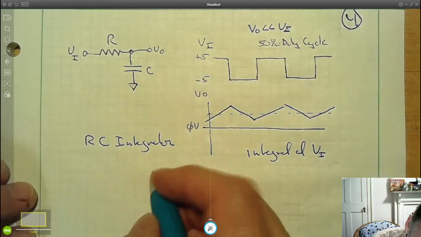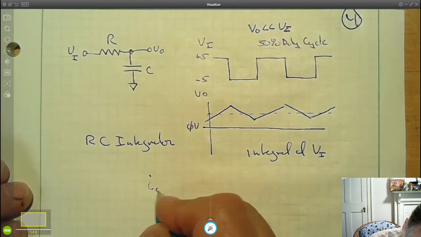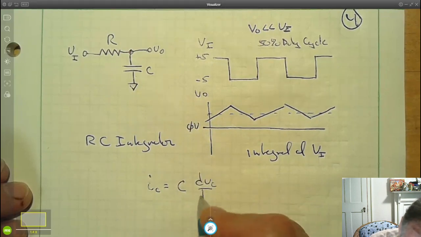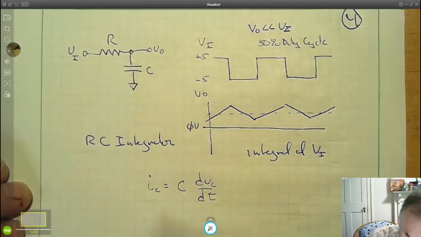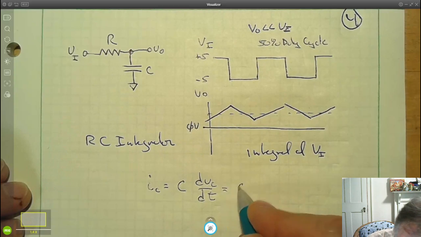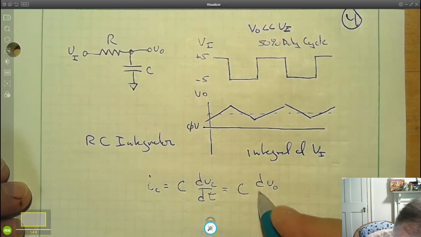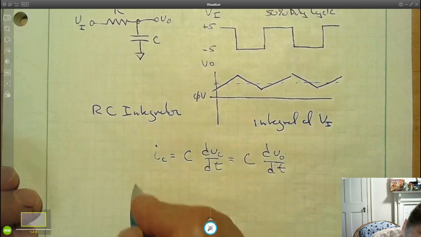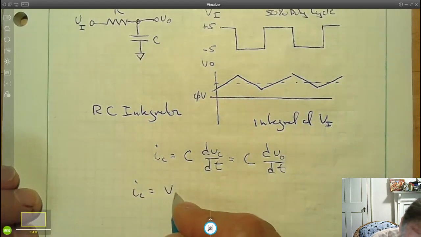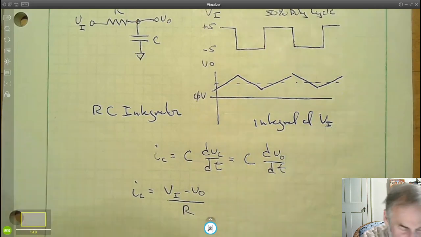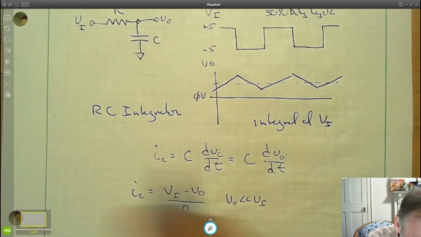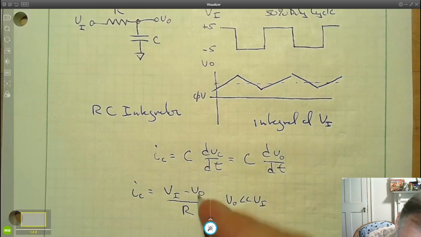Okay, let's see why this is an integrator. Well, we know that I sub C equals C dV sub C dt, but the voltage across the capacitor here is V out, so this is C dV out dt. I sub C is equal to V in minus V out over R, but we're saying that V out is much, much smaller than V in, and in fact can be ignored.